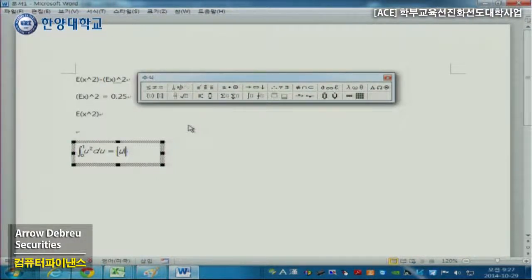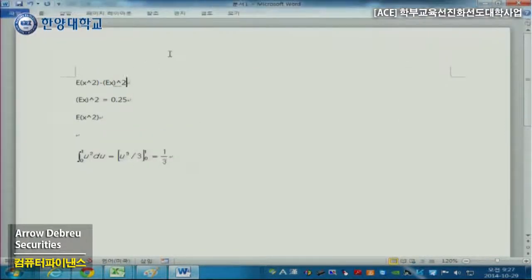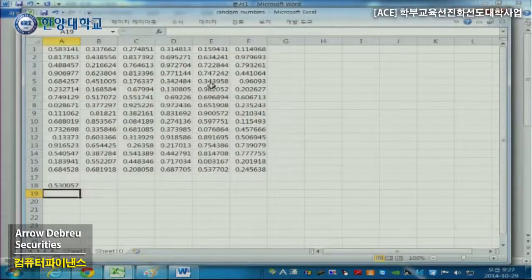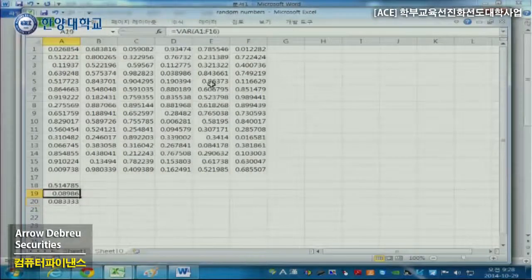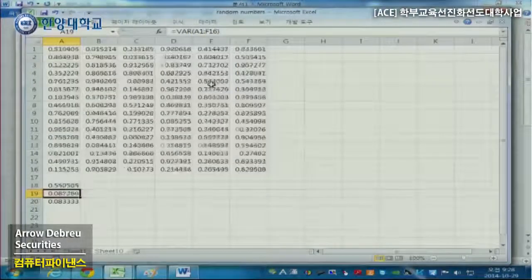So the variance is basically 1/3 minus 1/4, which is 1/12. So the mean should be 1/2 and the variance should be this one, and the sample values move around those numbers.